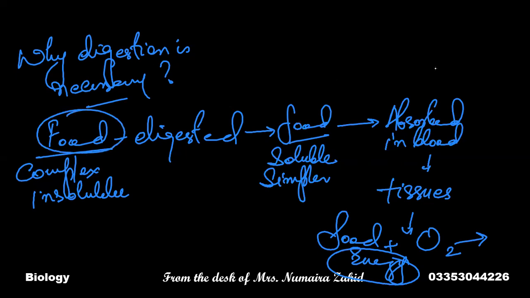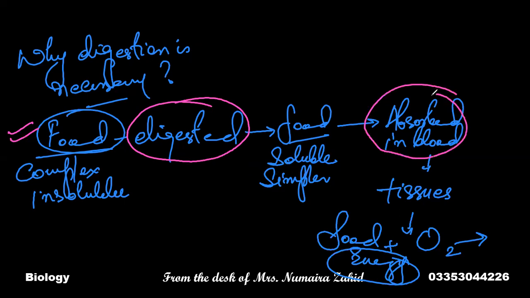So the food we are taking in is really complex and insoluble. When it is digested, it becomes soluble and simpler, and it can be absorbed into the blood. The blood is able to take it to the tissues.